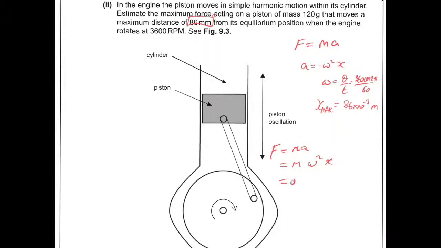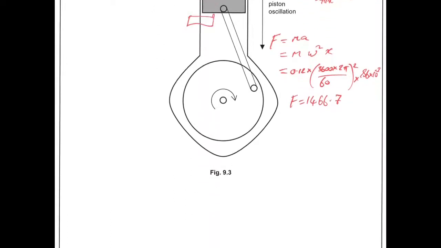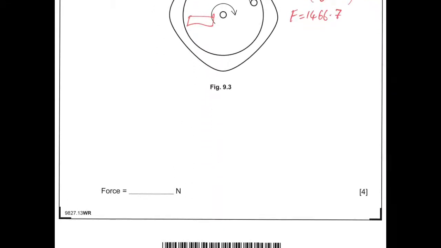So we've got 0.12 of a kilogram times the omega squared value, and squaring that, and then multiplying by the x max of 86 times 10 to the minus 3. And I'm getting 1466.7. Okay, so 1467 would do.